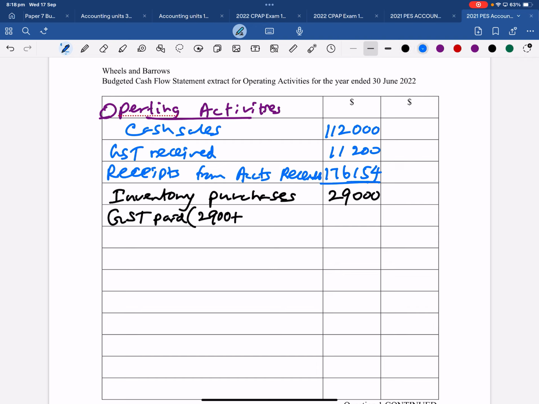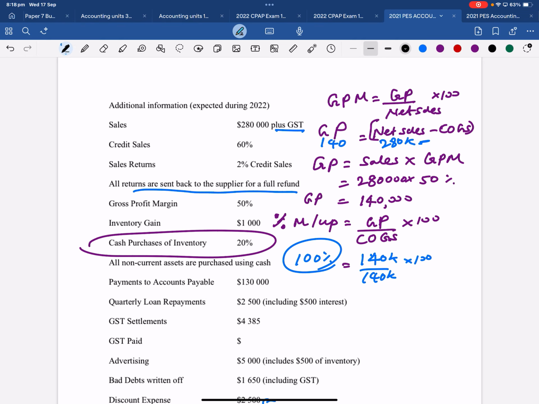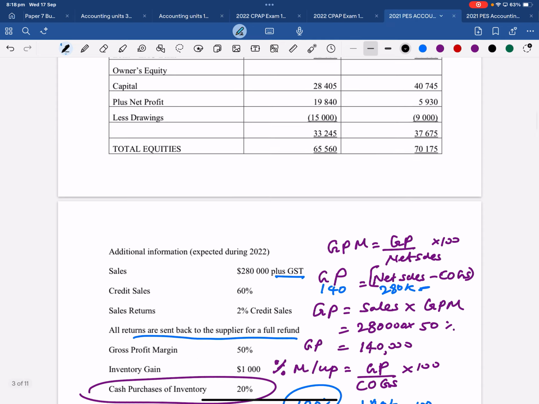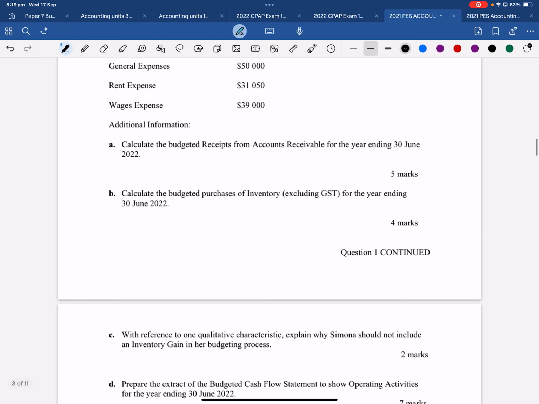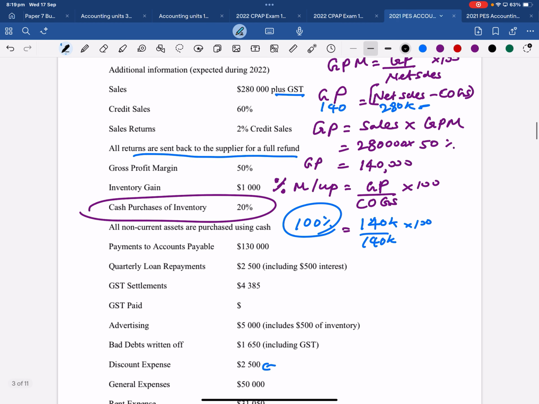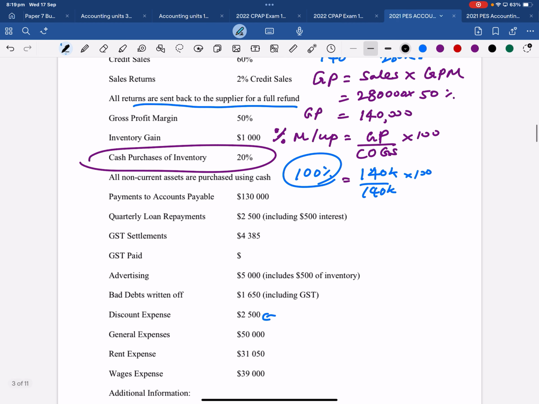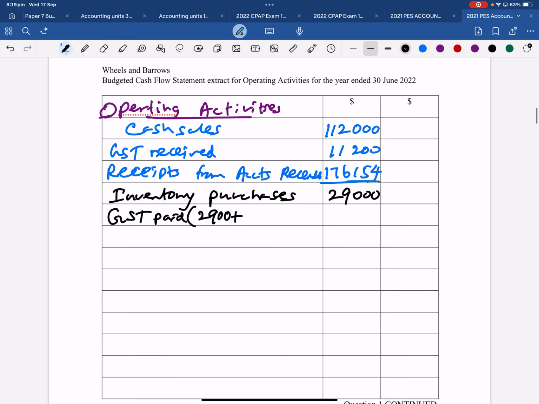What are those? Basically these ones. Inventory gain, nothing. Payments to accounts payable are given. We don't have to calculate it.